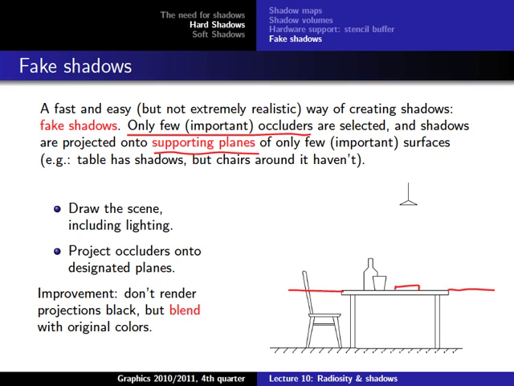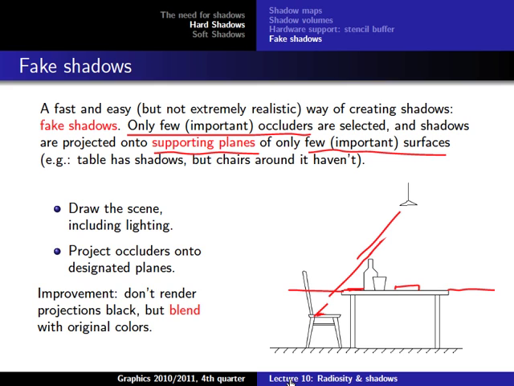And again, we're not projecting on all potential receivers but only on very few important receivers. For example, if we look at the shadow from the bottle, we will definitely have a large shadow here. We'll probably have a little bit of shadow here, but we say, okay, this is not that important with respect to the table in terms of the shadow, which is why we save the computation time to model the chair, and we only model the table.